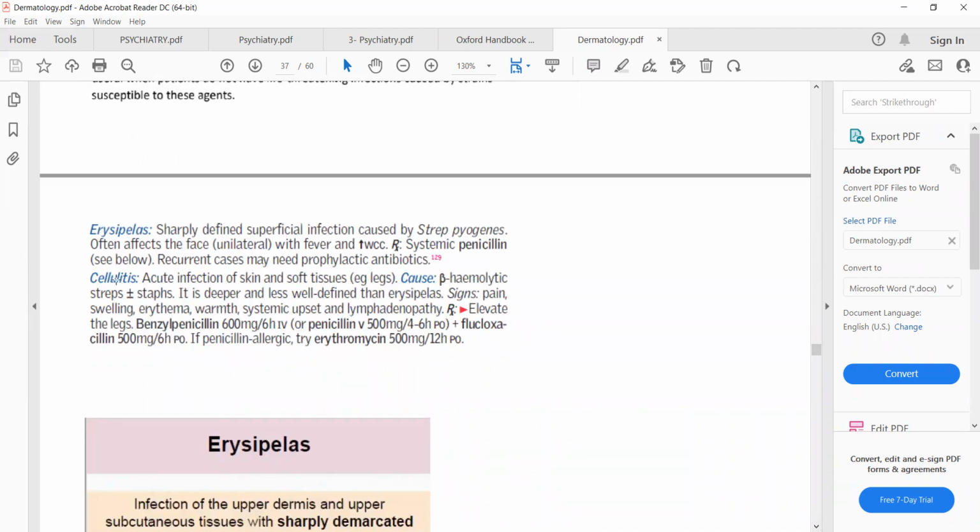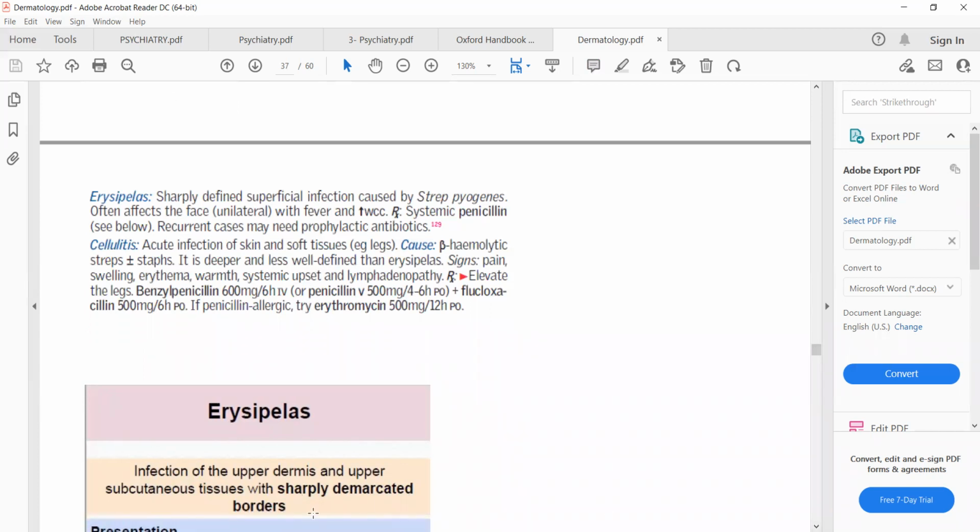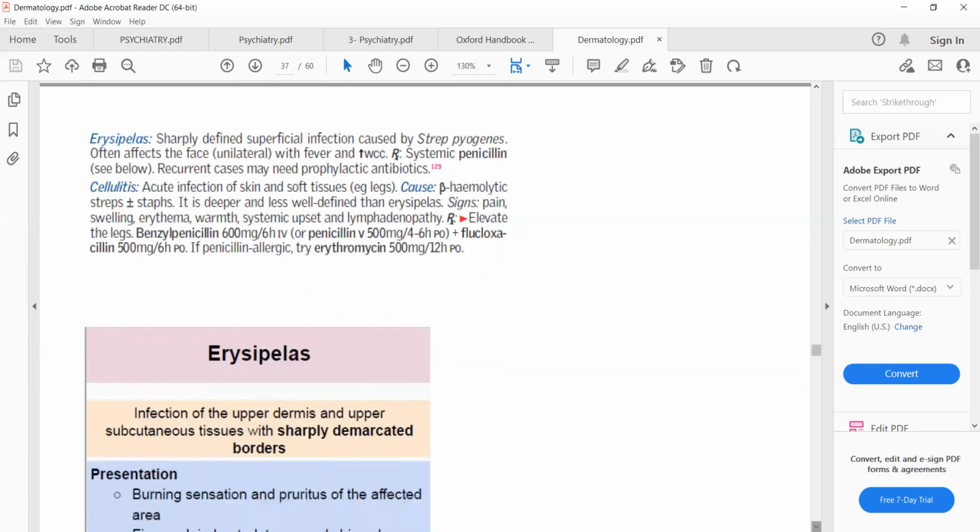The only clinical difference between erysipelas and cellulitis is that erysipelas is a sharply demarcated lesion, or erysipelas has sharply demarcated borders, while on the other hand, cellulitis has less well-defined borders. So in cellulitis, the borders of the lesions are less well-defined, while erysipelas has well-defined or sharply demarcated borders. This is the only difference that you need to remember between erysipelas and cellulitis.